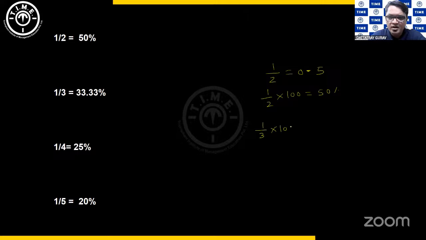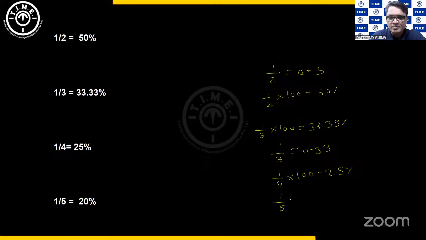Multiply by 100, it will be 33.33%. Or if I consider only 1 by 3, it is 0.33. So I'm converting to percentage, multiplying by 100. Same logic if I consider 1 by 4: if I multiply by 100, it will be 25%.